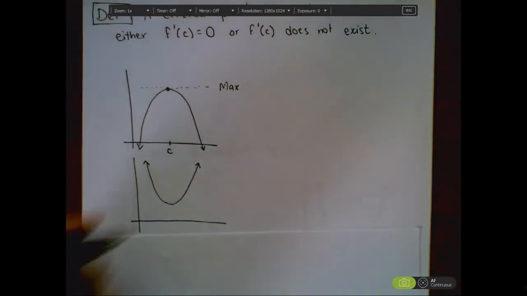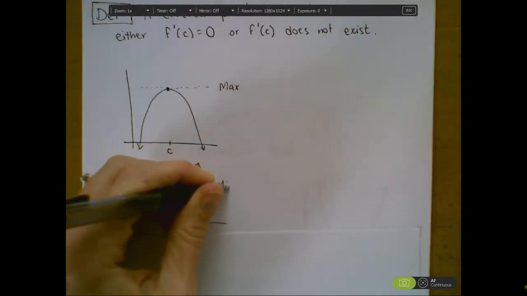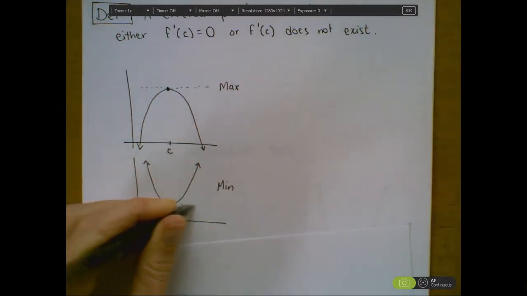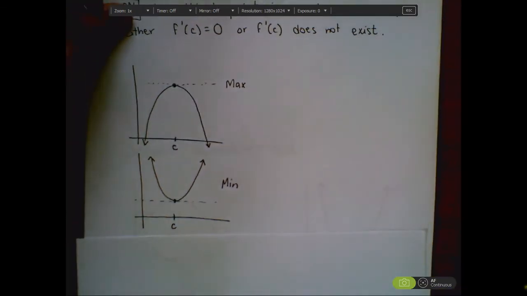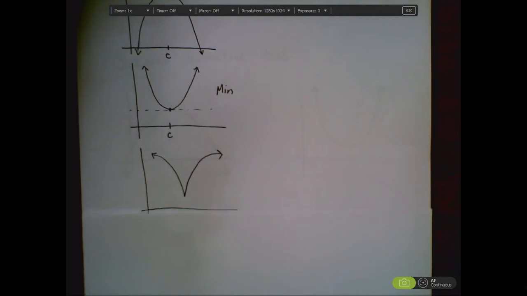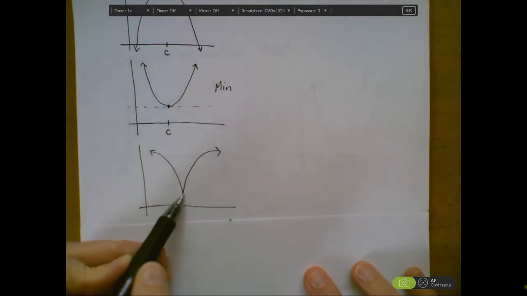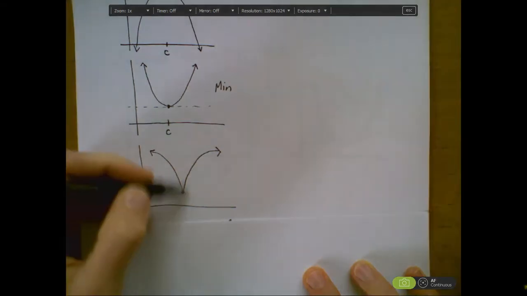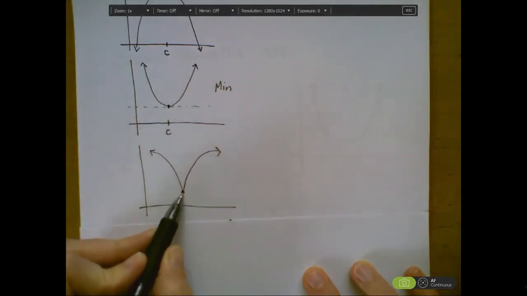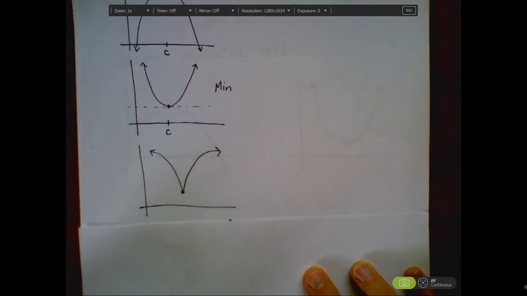We could also have a critical point that's a min. This is another possibility that we saw before. Again, the derivative exists and the derivative is equal to 0. Here's a crazy one, where we can see on the graph that this is a min, right? It's the lowest point. It's a local min at least. We'll probably say that it's an absolute min as well because these arrows are saying that the function sort of goes up in that direction for the rest of the graph.